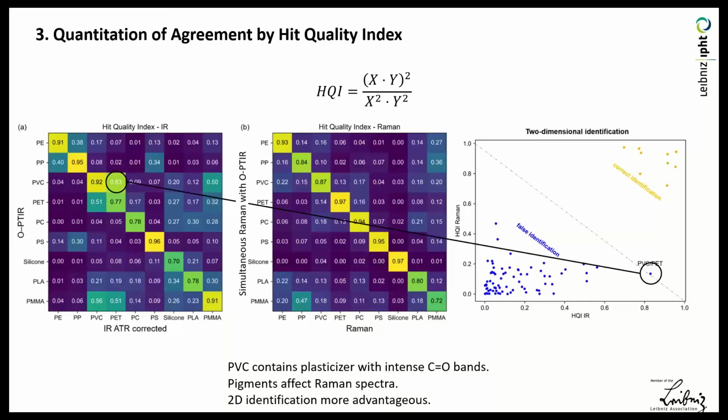Here this PVC overlaps significantly with the PET spectrum, and the reason is there are carbonyl bands in PVC, and this is unexpected because there is no carbonyl in the structure of PVC.